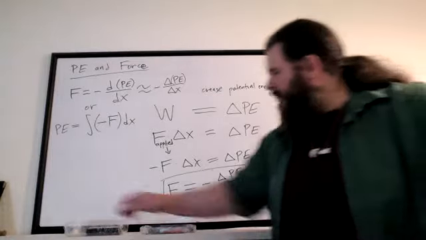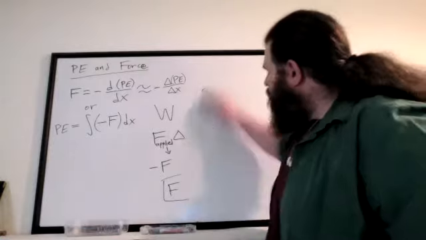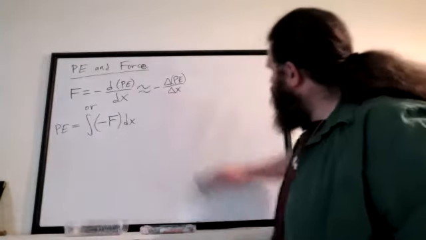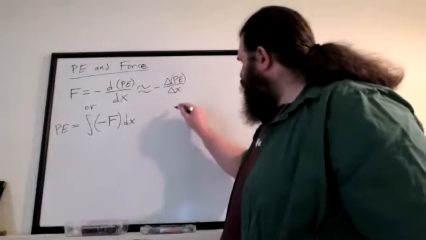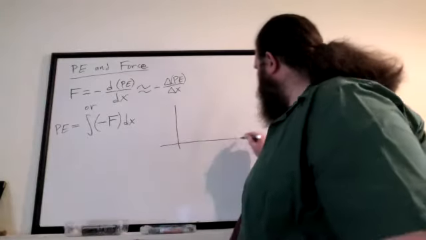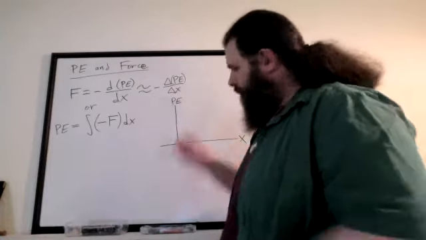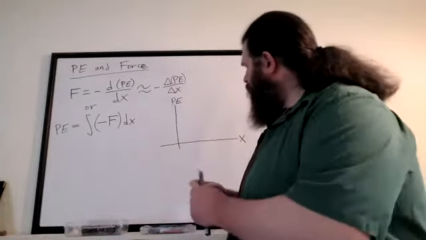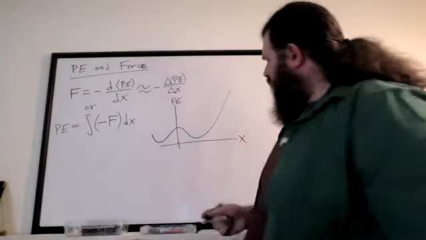So let's take a look at how this applies to graphs. If we have a graph of potential energy versus position, let's say something like this.